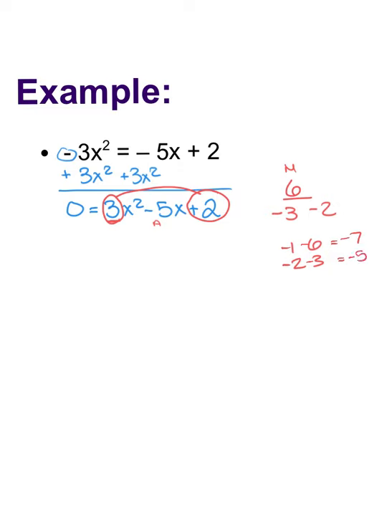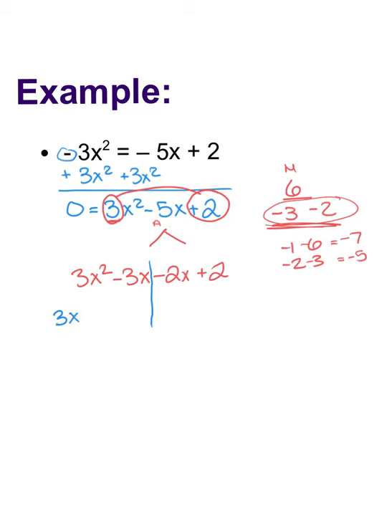Now, once I find these two factors, we're going to expand that middle term. So I'm going to rewrite this as 3x squared, use these, minus 3x minus 2x plus 2. Since I have 4 terms and I'm factoring, now I cut it down the middle and I do factor by grouping. My greatest common factor on the left is a 3x. I'm left with x minus 1.